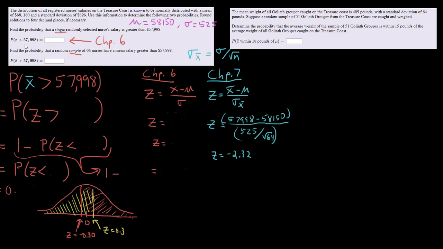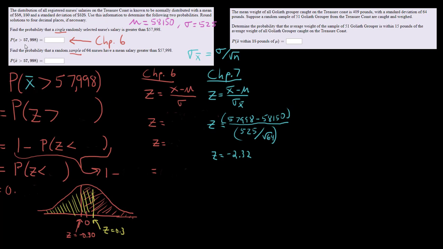Why is that the case? Because our standard error, the standard deviation of the sampling distribution, is much smaller. Anytime you're working with a sampling distribution, because you're dividing the standard deviation by the square root of sample size, the standard deviation is always going to be smaller for any sample size bigger than 1, essentially.